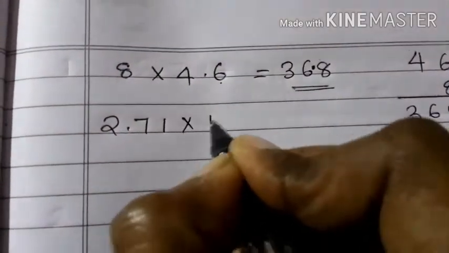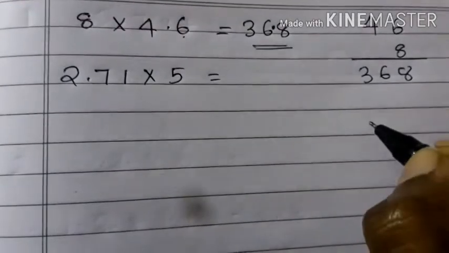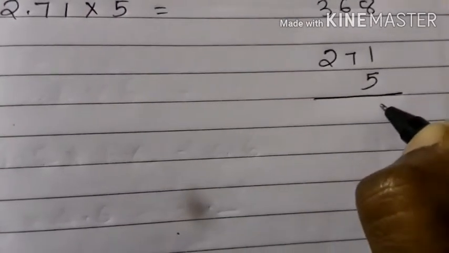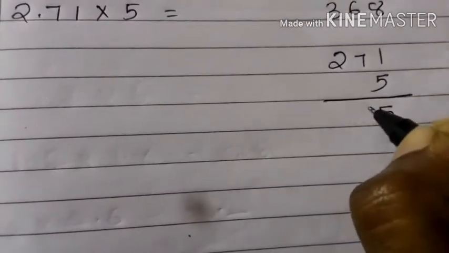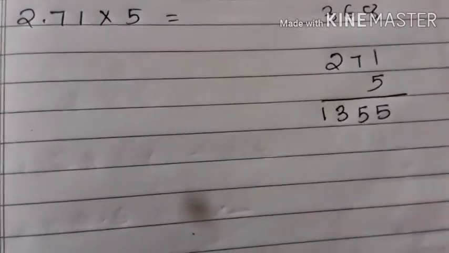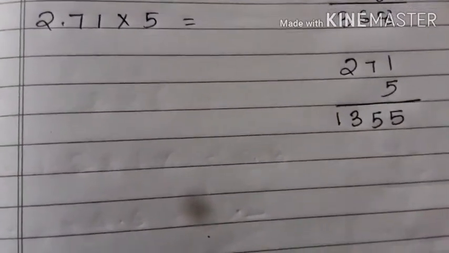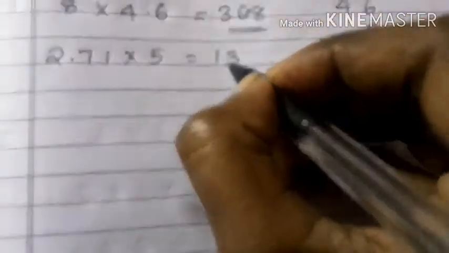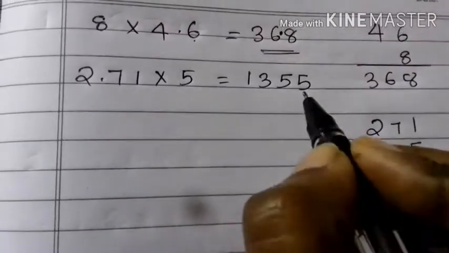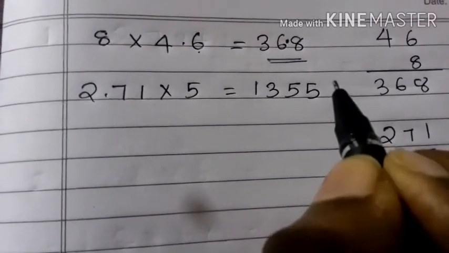Then another example, 2.71 into 5. So here we multiplied 271 by 5. 5, 35, 1355. So write the product here, 1355. Then we put decimal point to the product.